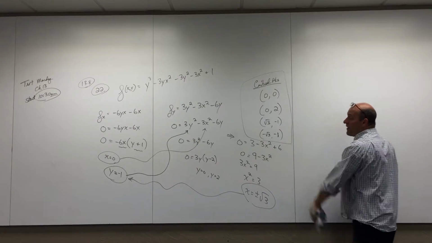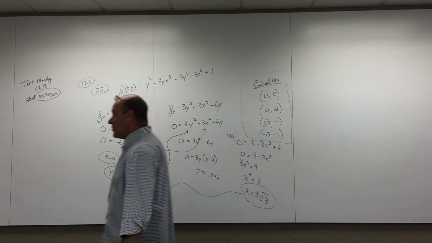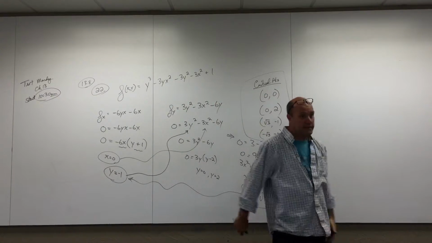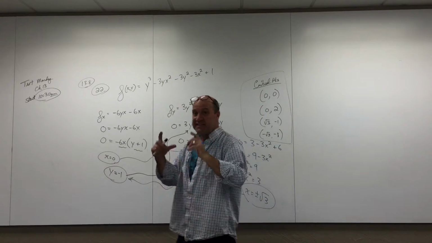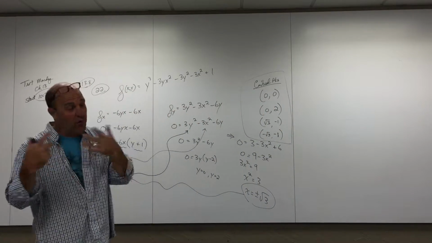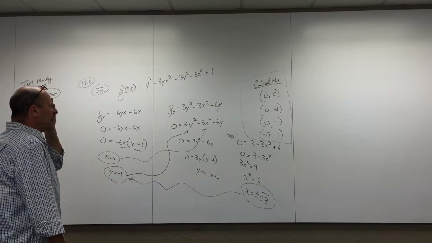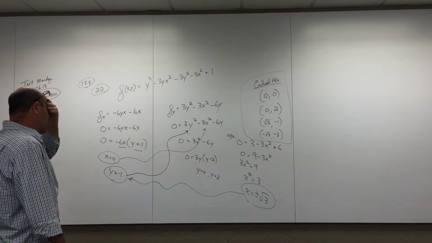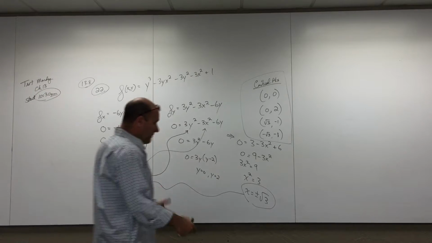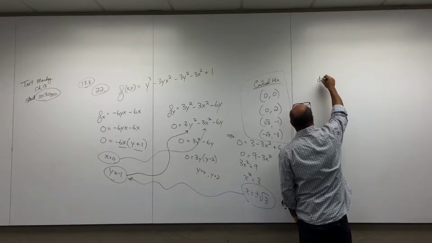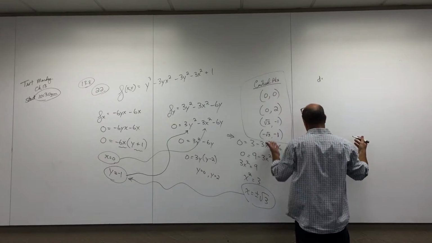That's awesome. So now, guess what? These are my critical points. They might be mins, they might be maxes, they might be saddle points. And the way to test them is with this second partials test, which you don't have to memorize. I'll give it to you, but it might be worth practicing. To do the second partials test, you calculate this number d for each of these critical points.